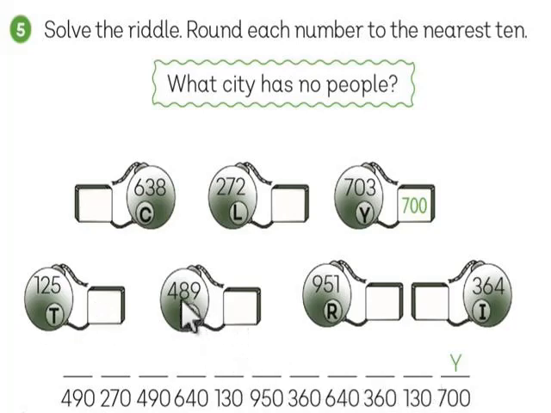Then here 489. The number in ones is 9. From 5, 6, 7, 8, 9, 9 becomes 0 and 8 becomes 9.